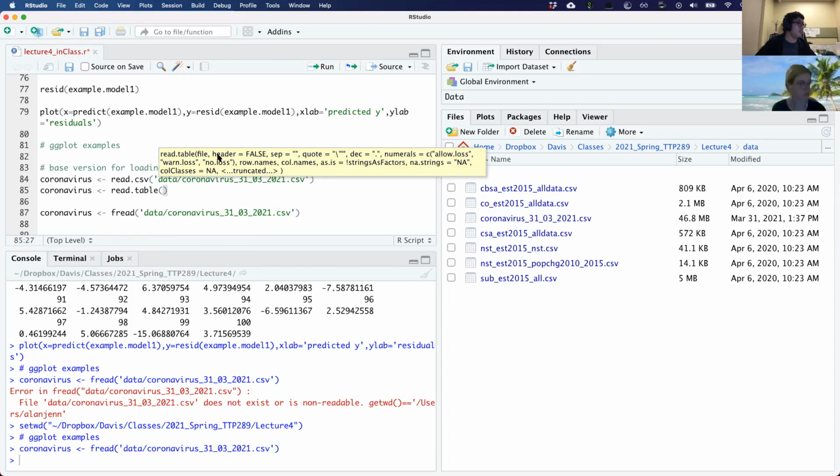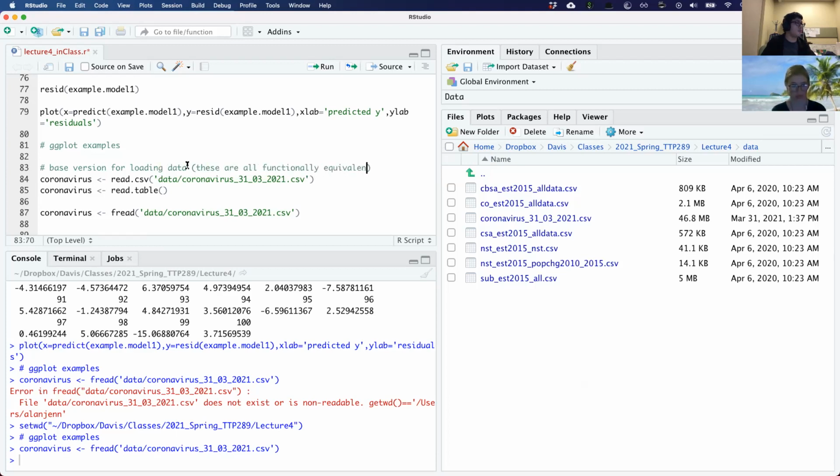And you can see this reads in any generic file. The thing that distinguishes the CSVs is that the delimiter, the separator, is a comma. So these are all functionally equivalent. So it would look something like this.